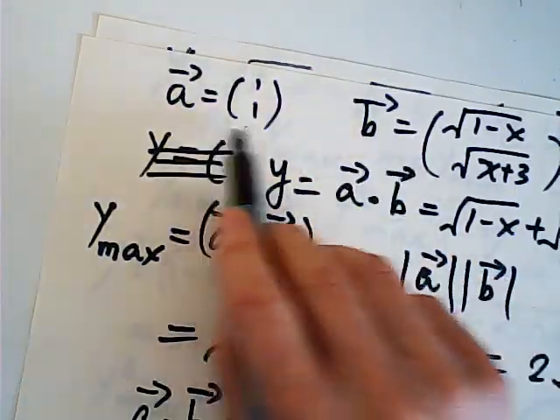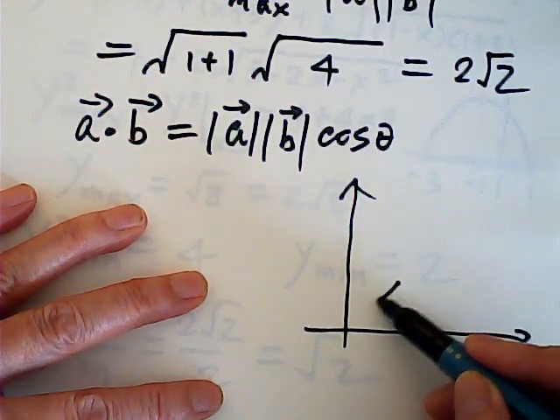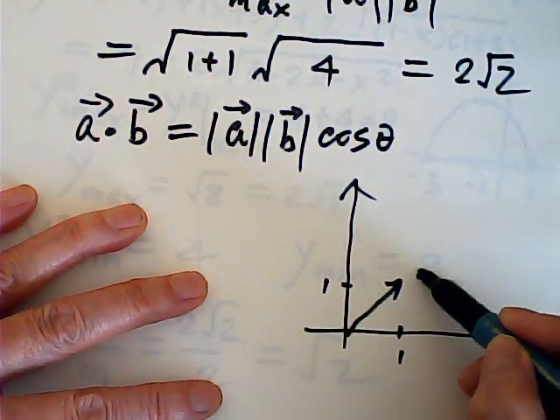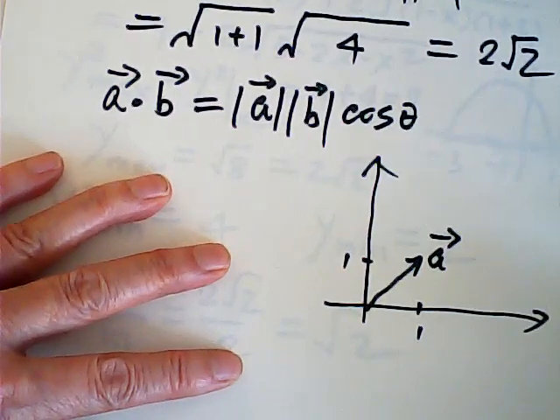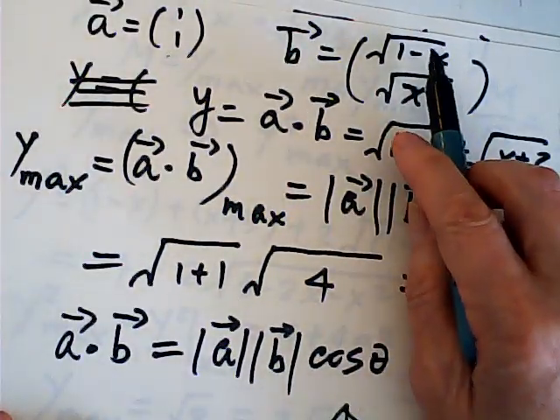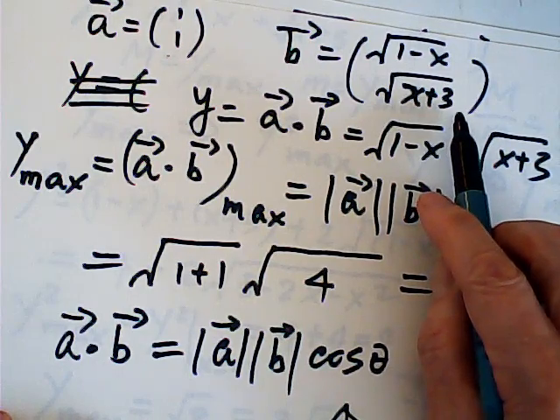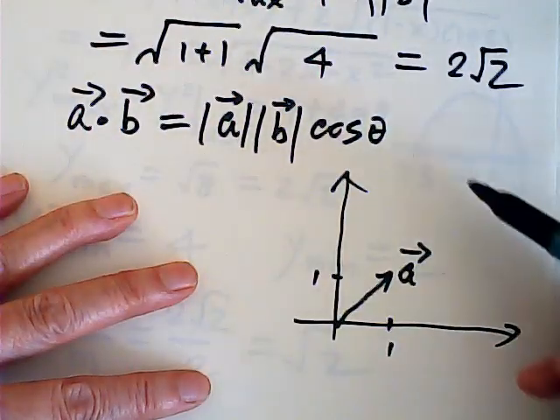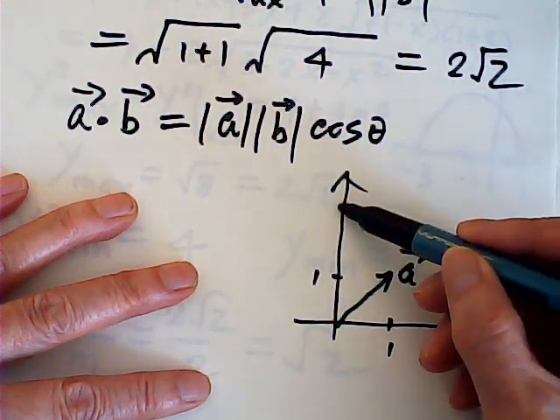A is here. This is a 1, this is a 1. That is A. Now vector B is this square plus this square, which is 4. The square root is 2. Therefore, the magnitude of B is 2.